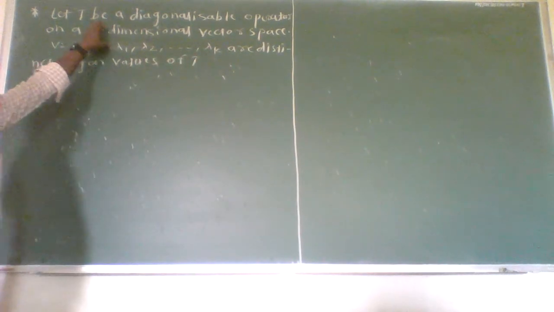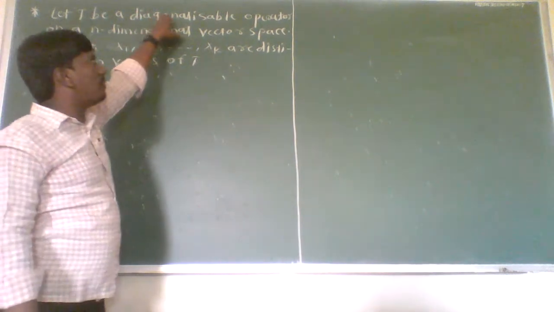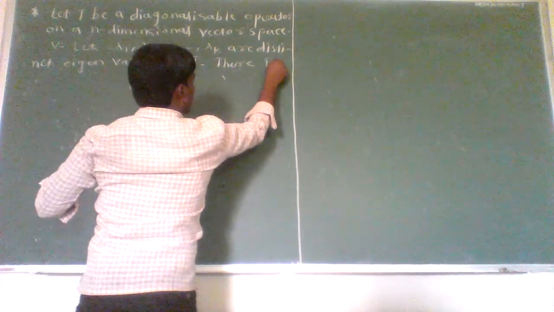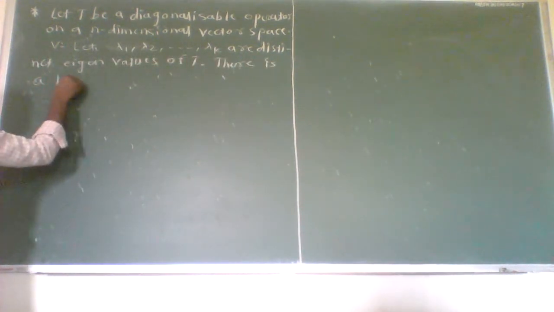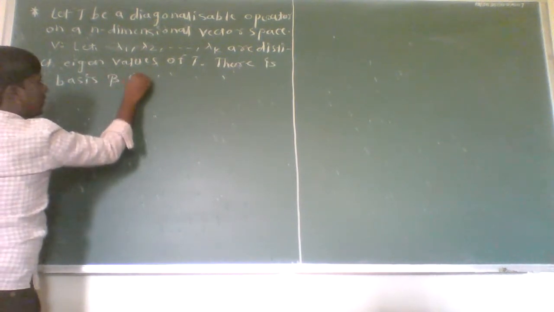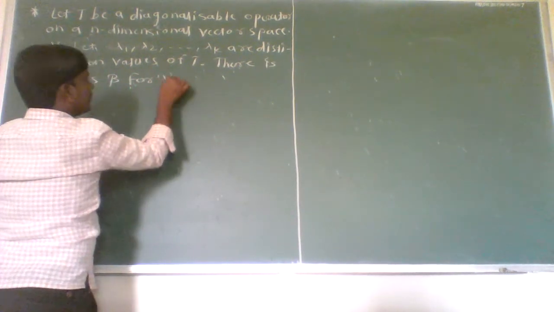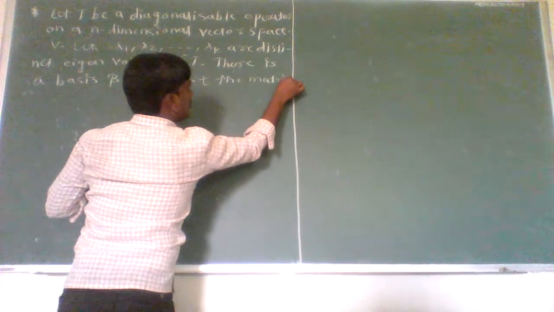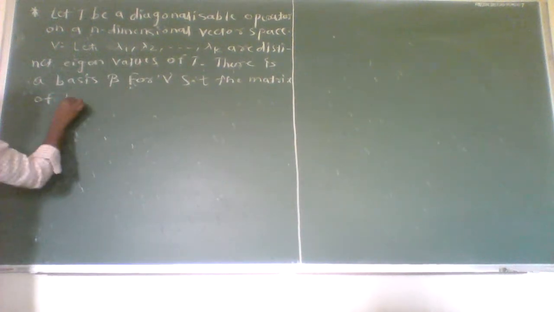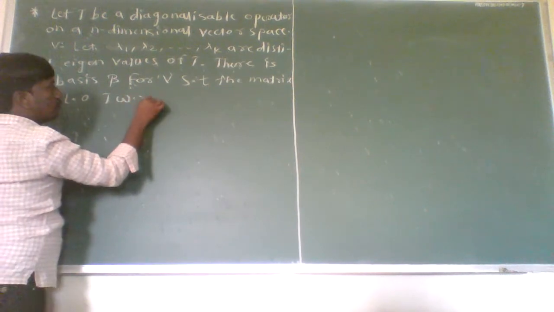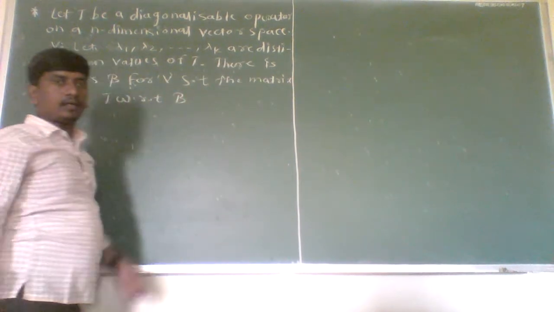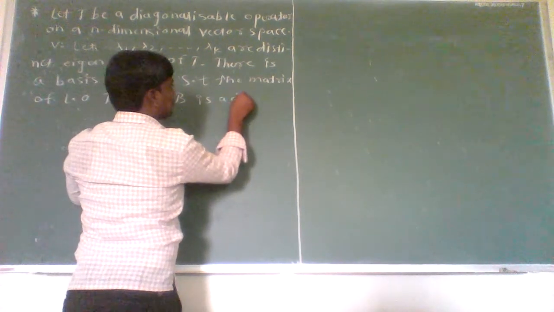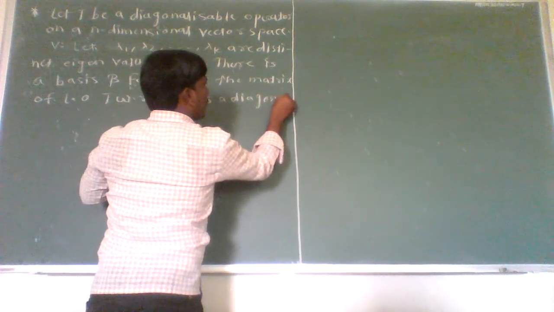As T is a diagonalizable operator, then from the definition of diagonalizable operator, there is a basis curly V for V such that the matrix of linear operator T with respect to the ordered basis curly V is a diagonal matrix.